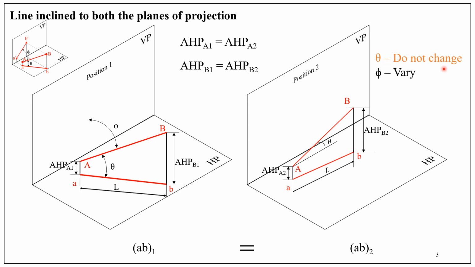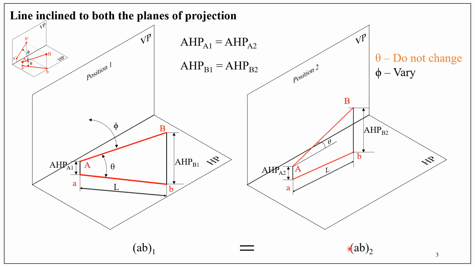So this inference, height of points above horizontal plane are equal and top view remains the same, are important. So these are the inferences which we will use in order to draw the projections.